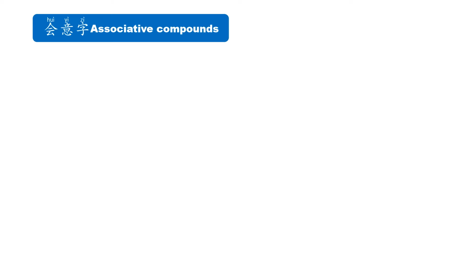First, let's look at 会意字 associative compounds. The third formation way, 会意字 associative compounds, is a method of making characters by combining two or more simple characters according to the meanings they represent. An associative compound must meet two conditions.